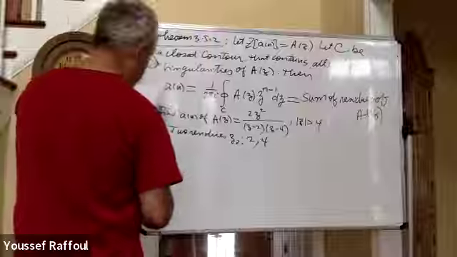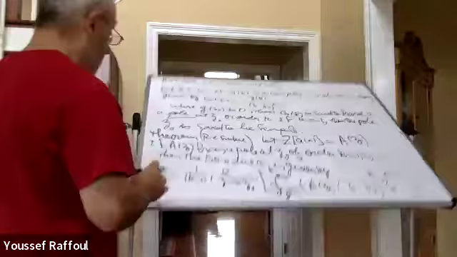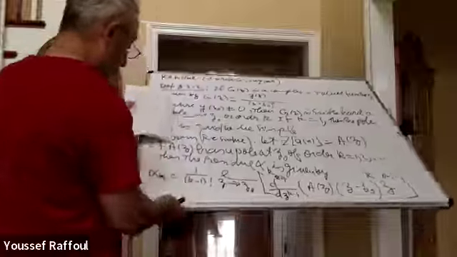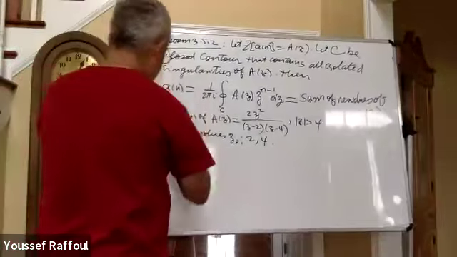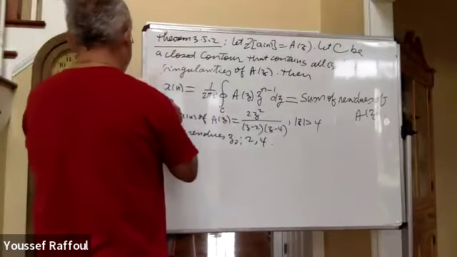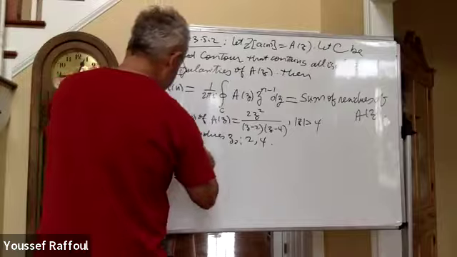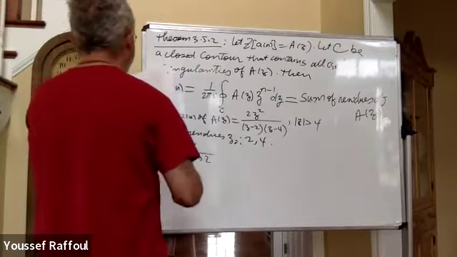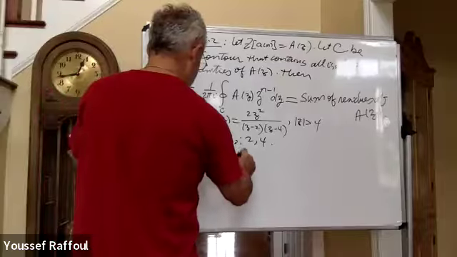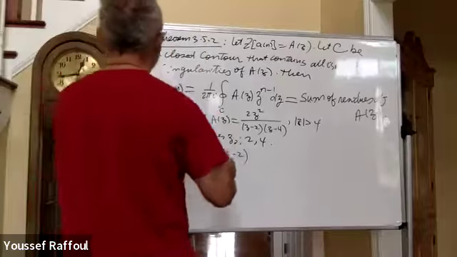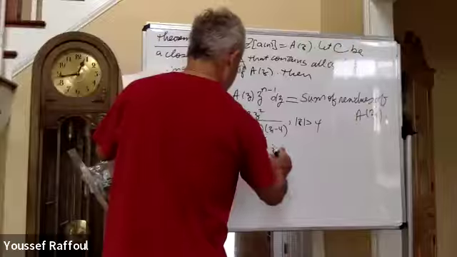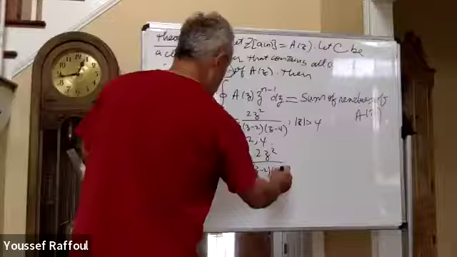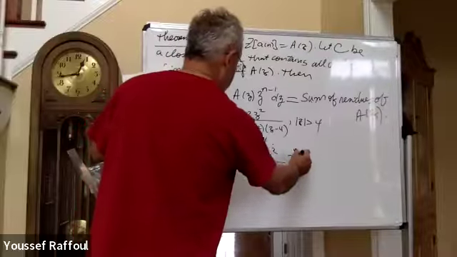All right, so alpha 1 is, remember what are the alphas? Alpha k, okay? So alpha 1 is the limit as z approaches 2 of z minus 2 times 2z squared over z minus 2, z minus 4, times z to the n minus 1.